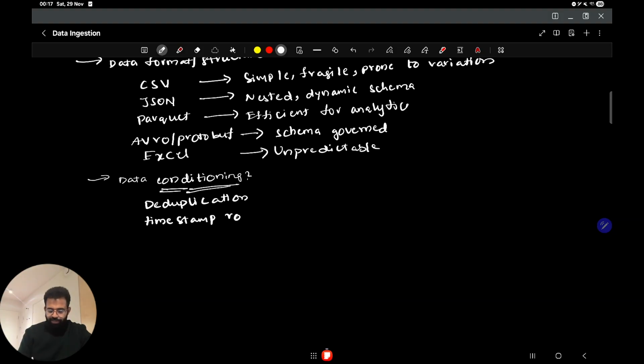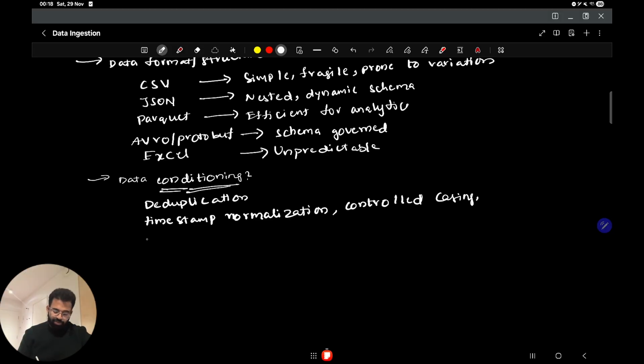timestamp normalization. If the timestamps or dates in your data are in different formats and different time zones, you should see if you have to do some kind of timestamp normalization. You should also think about doing some kind of controlled casing, maybe snake casing, camel casing, kebab casing, or any kind of casing.